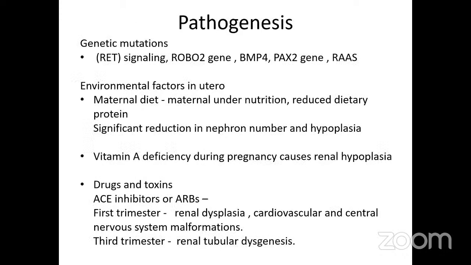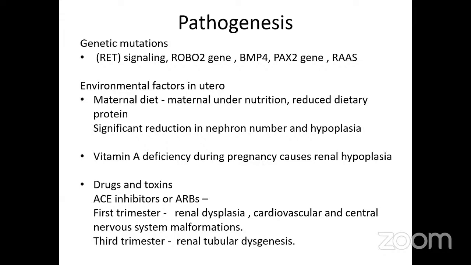So what is the pathogenesis? Genetic mutations. There are many, but some of the more common ones are RET signaling, ROBO2 gene mutations, BMP4 mutations, PAX2 gene mutations, and others. I didn't go into depth on the genetic mutations because it's too much to remember for anyone. Now, environmental factors in utero. Maternal diet, especially maternal undernutrition and reduced dietary protein, causes a significant reduction in nephron number and hypoplasia.